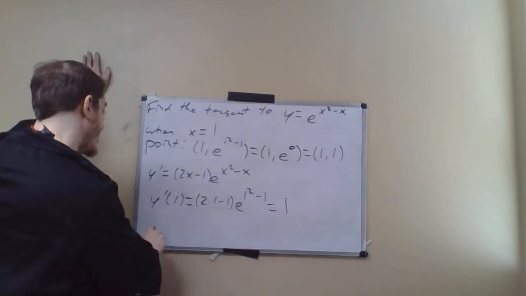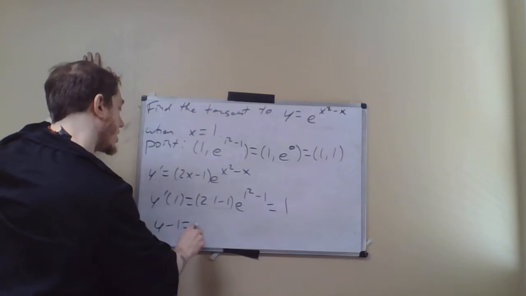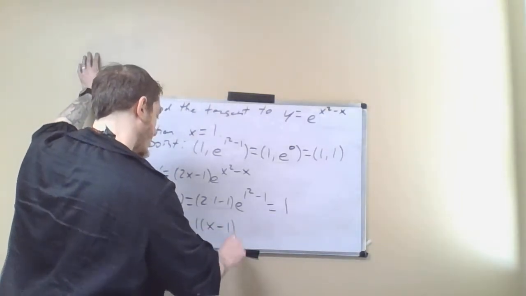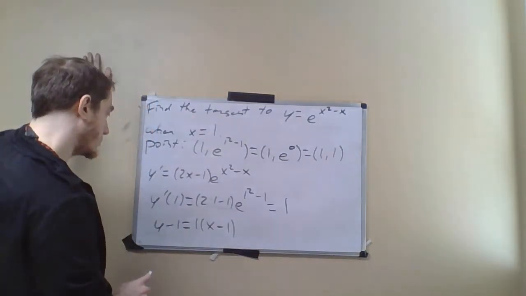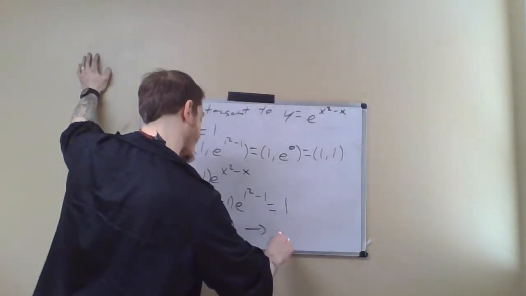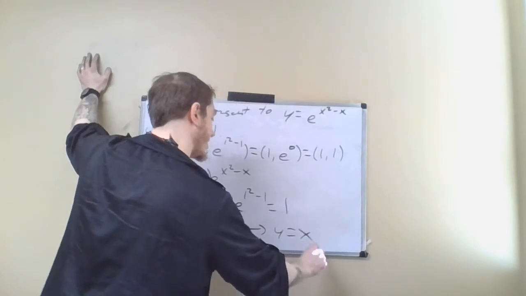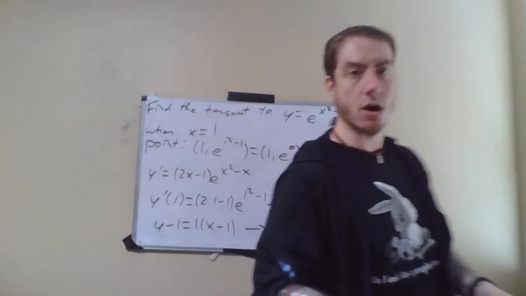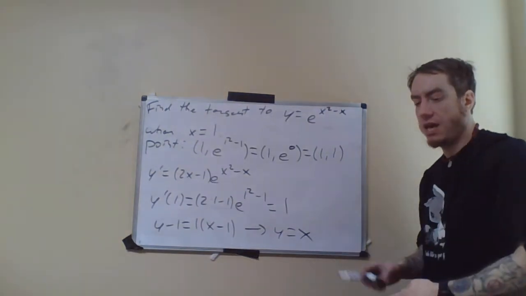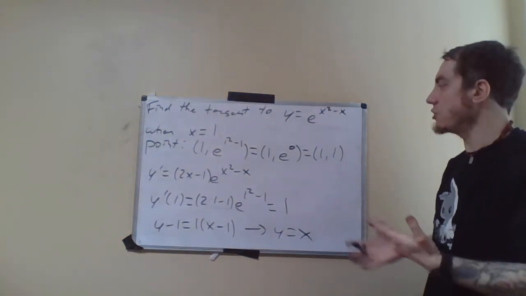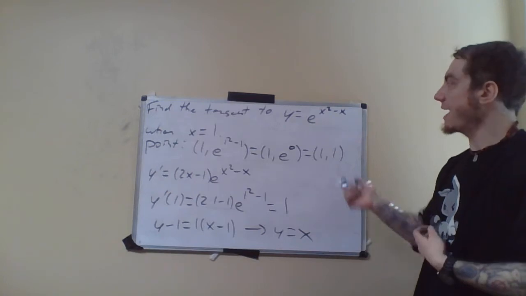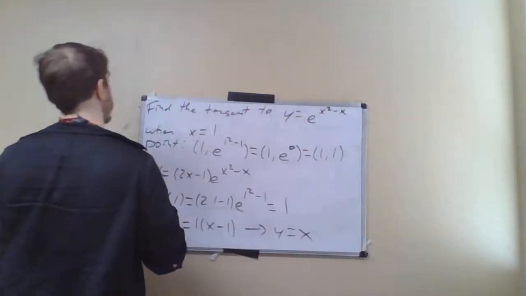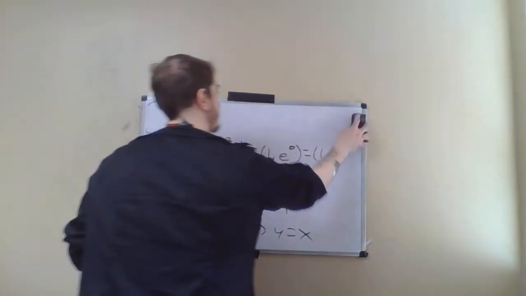So my equation is going to be y minus 1 is equal to 1 times x minus 1, which simplifies, in this case, to y equals x. So there's my tangent line to this particular equation. And of course, you can do this kind of thing more generally. I happen to pick this example, but we can do this with any particular functions that we care to do.